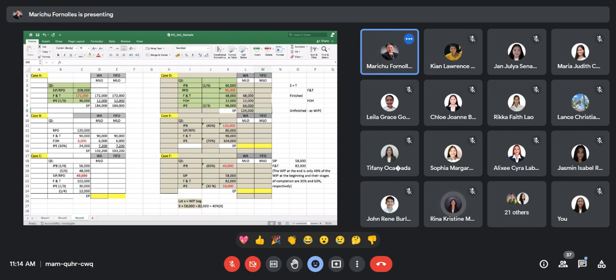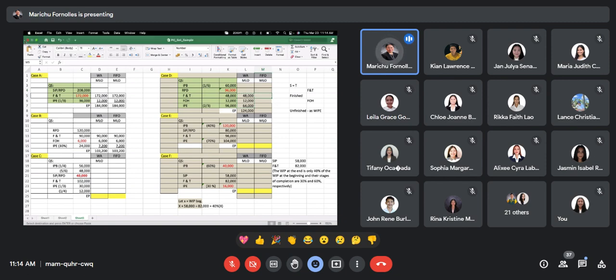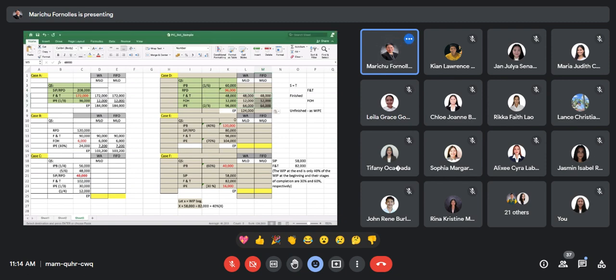So in computing the EP under first in, first out, your starting point is your EP under weighted average, the 124,000. In other words, you will have the same computation as in weighted average. But because we have IPB, the EP in IPB will be subtracted.